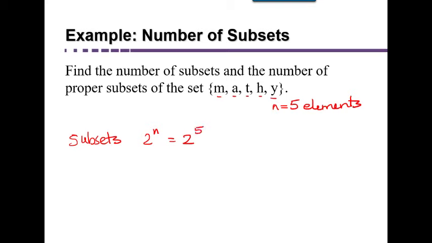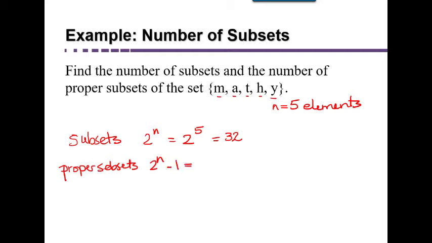All right, so if I asked you to find the number of subsets and the number of proper subsets of the set containing M-A-T-H-Y, we're not being asked to actually list the subsets, we're only being asked how many of them there are. So the only thing you would need to do is to count the number of elements. So let's see, we have 1, 2, 3, 4, 5.